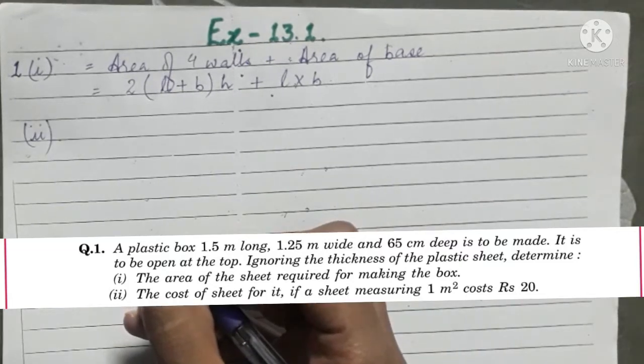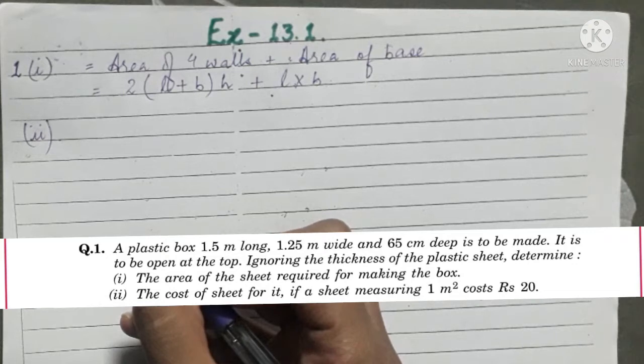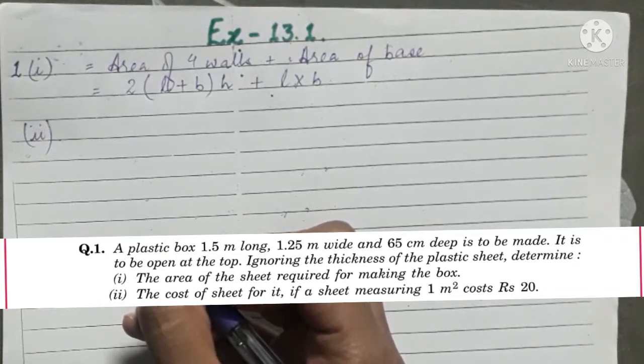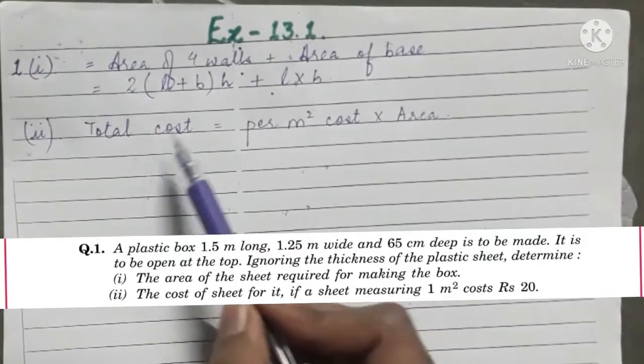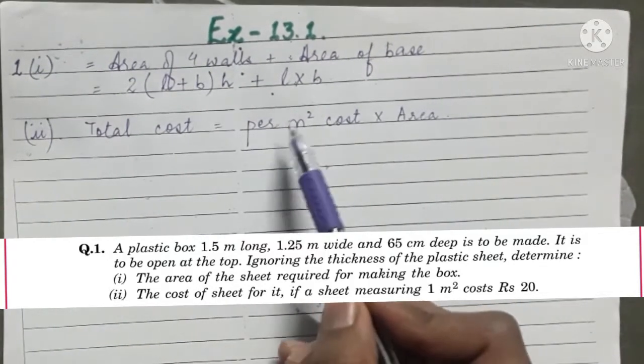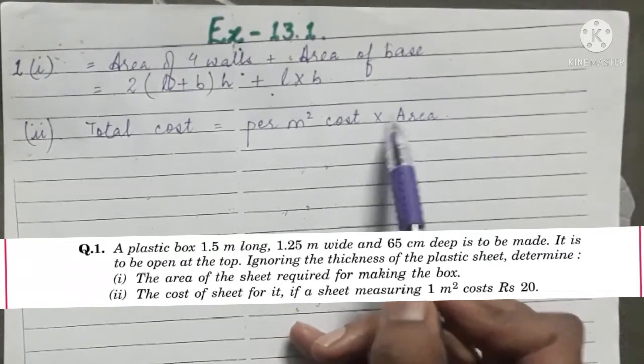Now the second part is the cost of sheet for it, if a sheet measuring 1 meter square costs rupees 20. Here the cost of 1 meter square sheet is given, that is rupees 20. So in this type of question, if per meter square cost is given and you have to find the total cost, then the formula used is: total cost is equal to per meter square cost multiplied by area.